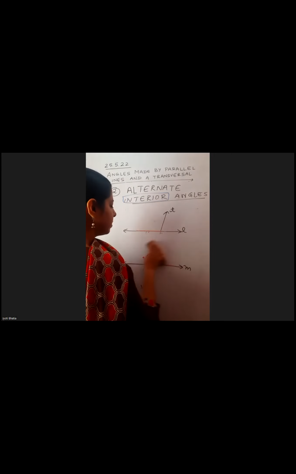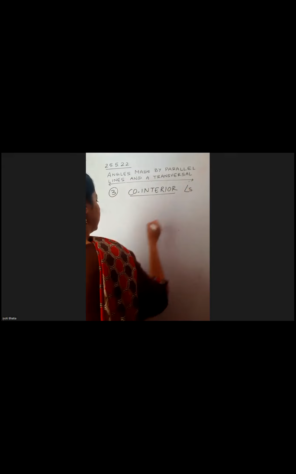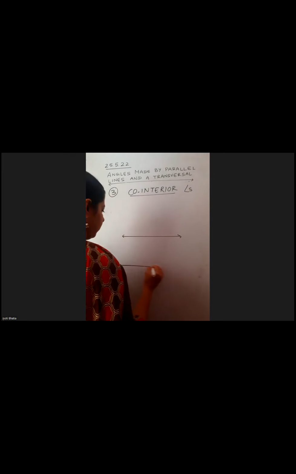Now, moving on, next is, I'm redrawing. This is the third and last kind of angle formed, known as co-interior angles.